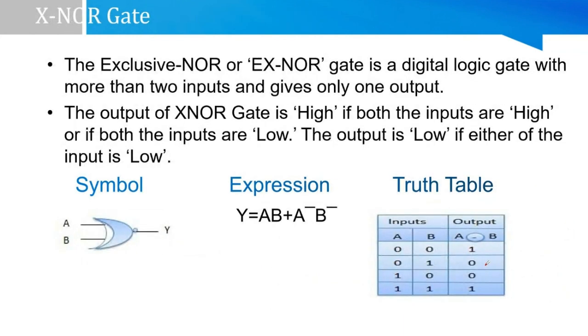Okay. Next will be the XNOR gate. The XNOR gate is an exclusive NOR gate. It needs two inputs and provides only one output. It is nothing but the inverted XOR operation.